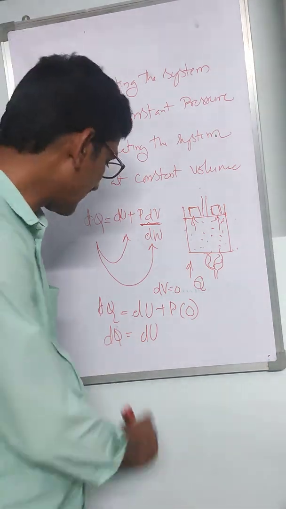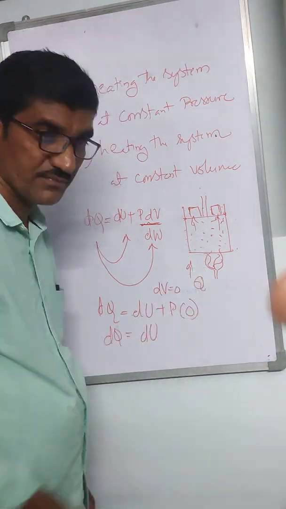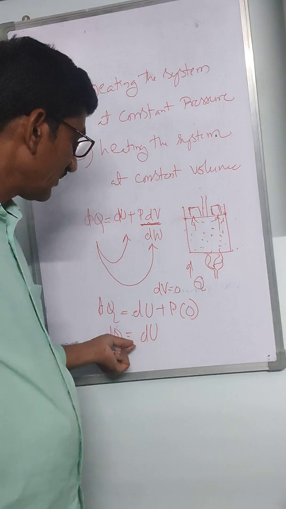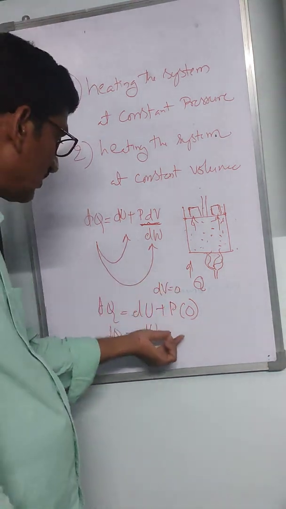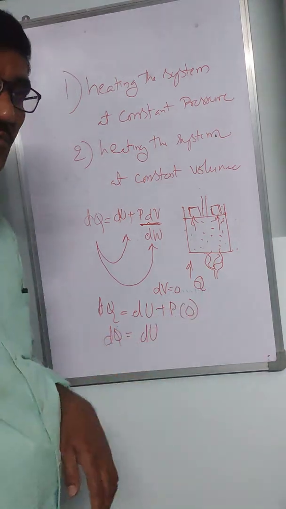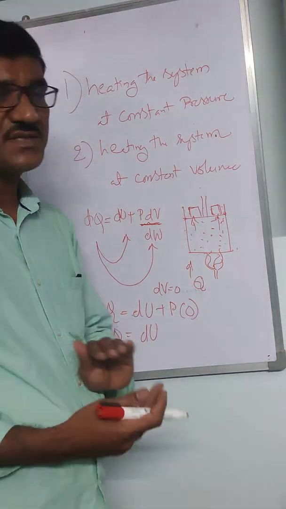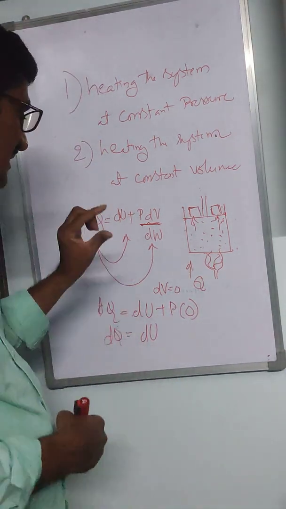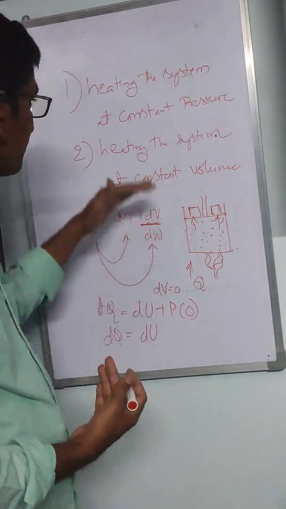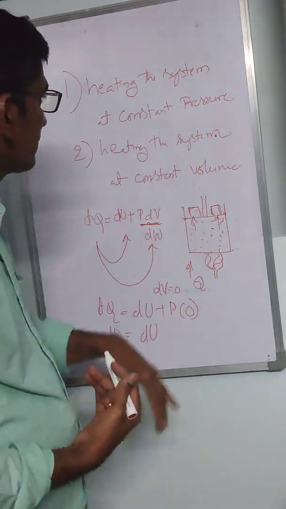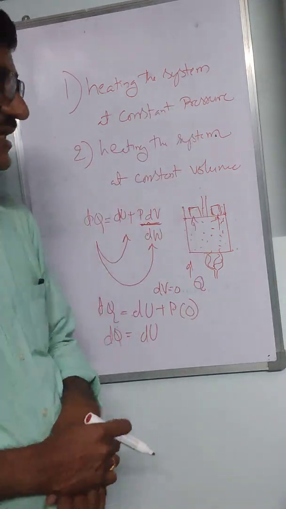That means whatever heat you are giving to the system is solely utilized for the rise in its internal energy. There is no leakage in the form of external work. So you will see the same 1 degree rise in temperature sooner, compared to heating the system at constant pressure.